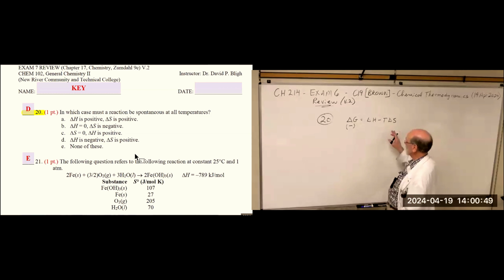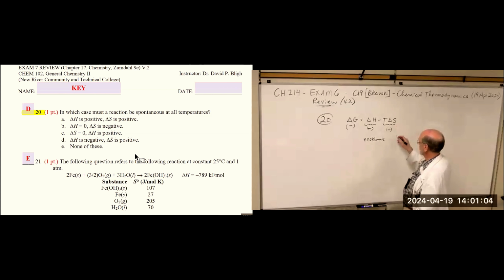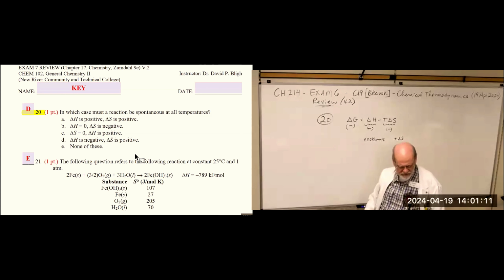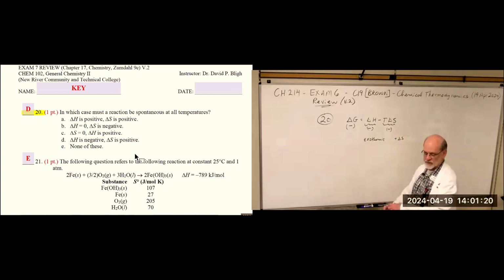A situation where this term is negative and this term is negative. In that case, we would have an exothermic reaction that has a positive delta S, and that would always give you a negative. So D: delta H is negative, delta S is positive. Doesn't matter the temperature, it's always spontaneous.